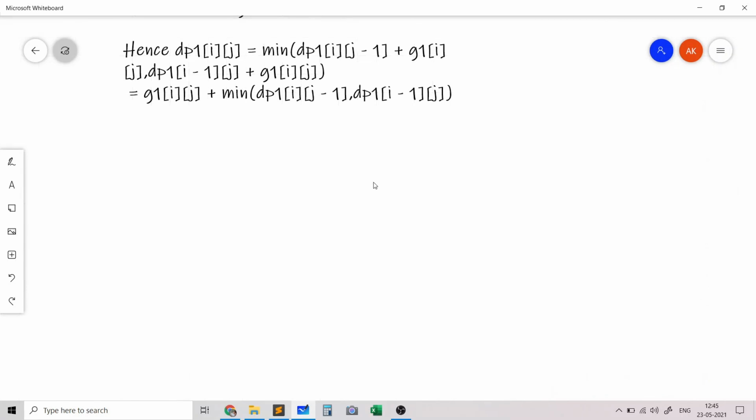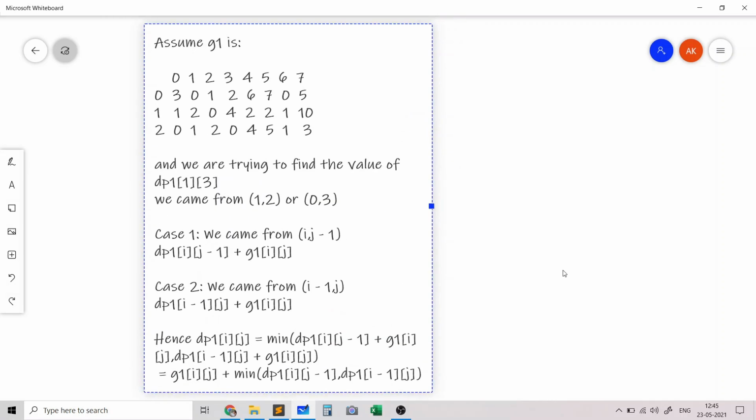Now one important thing to note, after we found the value of dp1 ij and dp2 ij, is that we would need to find the final answer, right?